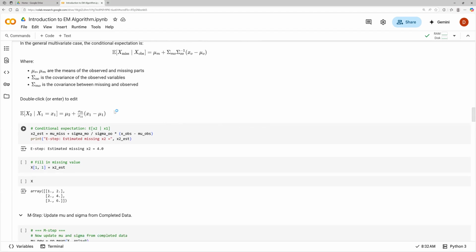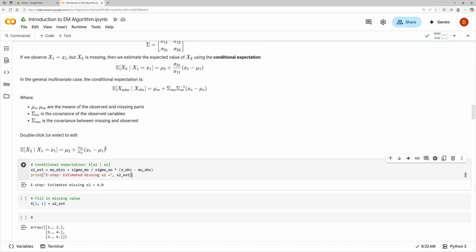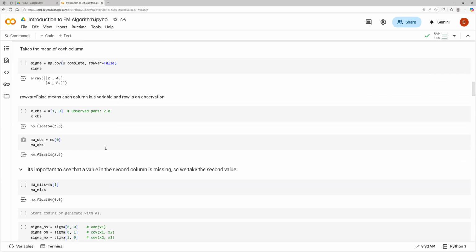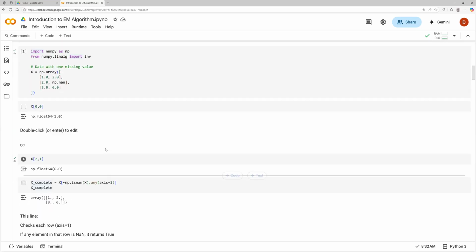Now, we've got this to guide us in how we set up the variables. We've got mu missing plus sigma MO divided by sigma OO, times x observed minus mu observed, and then we come up with the estimate, which is 4. Now that we've come up with this estimate 4, we could plug in that missing value into the X matrix, into the array.